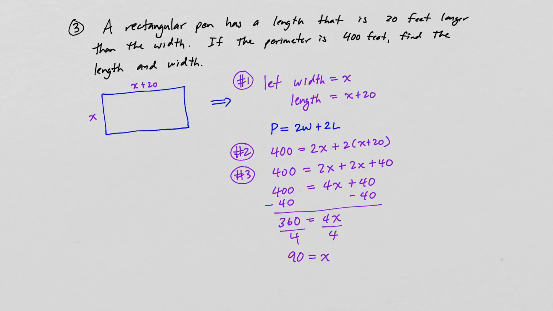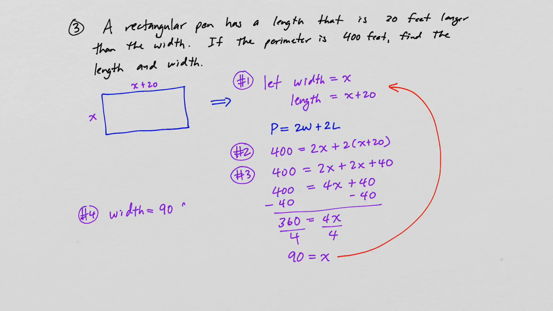Now in this problem, ultimately, they want to know the length and the width. So to get that, we simply take our value of x, which is 90, and we plug it back into both of our definitions for the width and for the length. And so step number 4, the width is simply x, and x is 90.